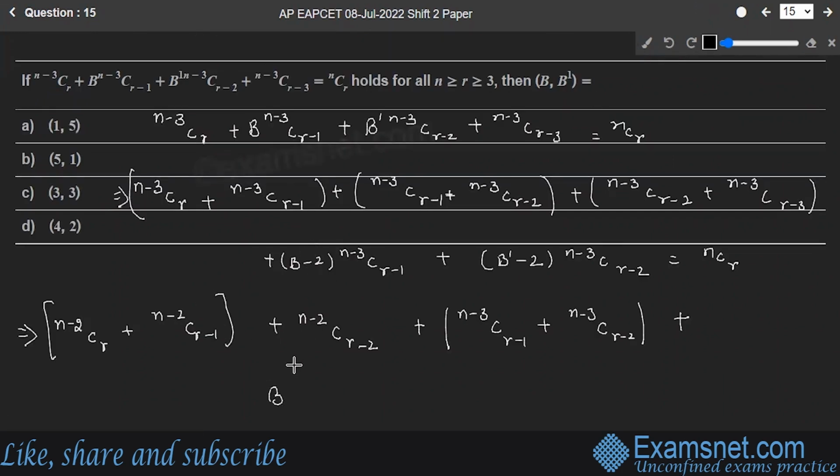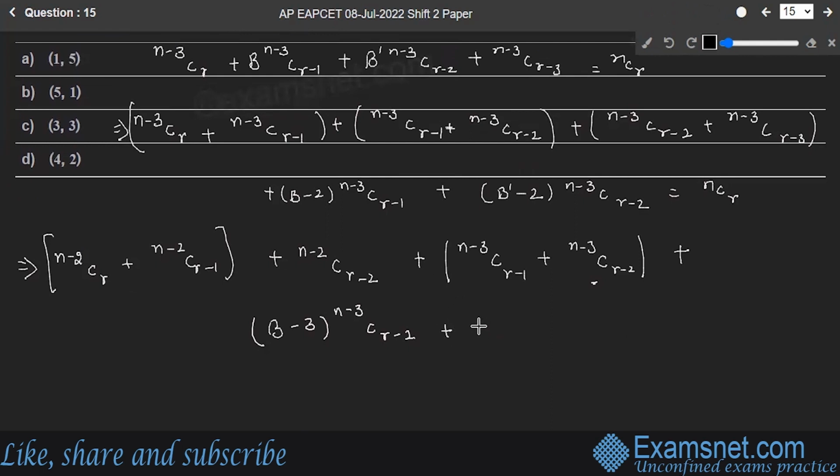Now this time this will be (b minus 3) n-3Cr-2 because I have added this one also again over here, right? Plus (b dash minus 3) n-3Cr-2. This is equal to nCr. Hope you are clear till here.